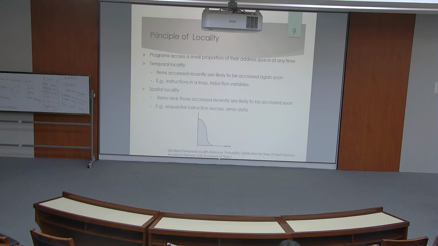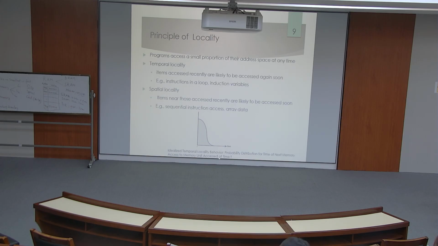For spatial locality, data items that are near the recently accessed data items are more likely to be accessed in the near future. Let's say we have sequential instruction access on data. That means you access data from one memory location to the next.